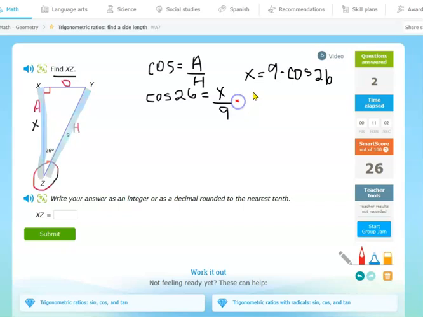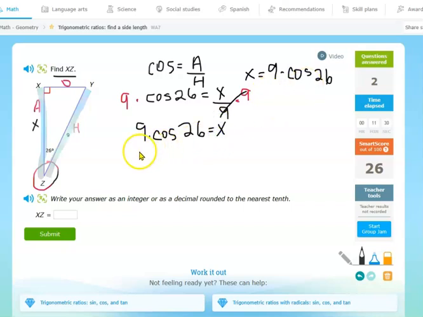We're just going to multiply both sides by 9 because we have 9 in the denominator there. When we do that, we end up with 9 times cosine of 26 on the left. And on the right, 9 divided by 9 cancels, and we're just left with x.